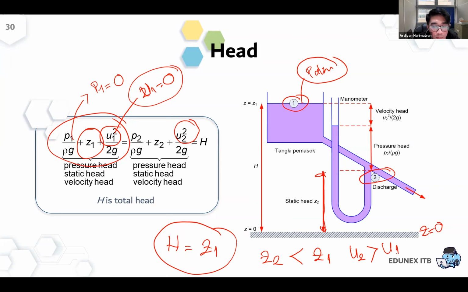It means some of the energy can be converted to other types. The static energy is decreasing, the velocity energy is increasing, so there will be some increase of pressure energy.